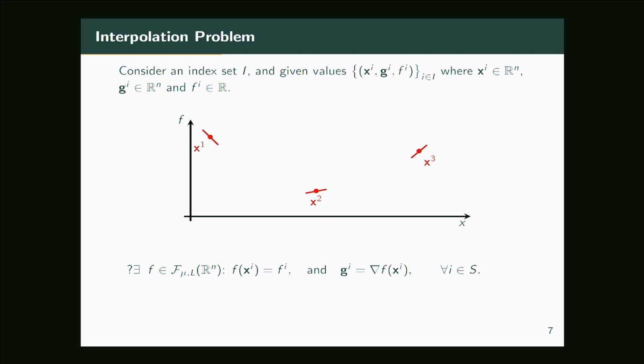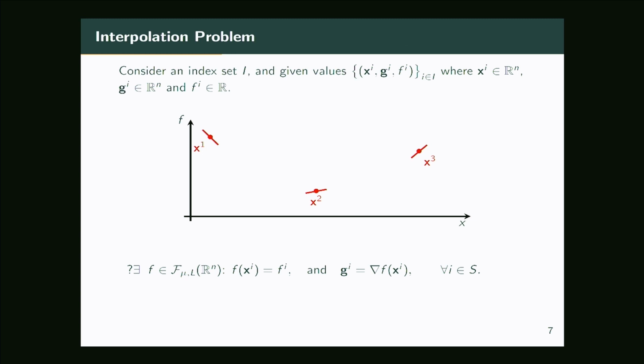So the xi will correspond to points in the domain, the gi's will correspond to the gradients at those points, and the fi's to the function values. So given such data, the question is, do these things correspond to some function f in our class of interest, in the sense that these fi's are just the function values, and these given gi's are just the gradients at the given points xi?